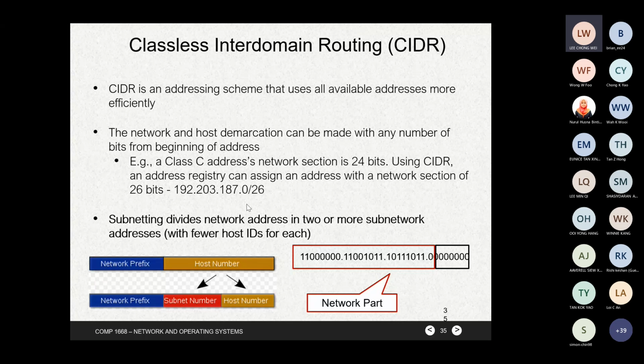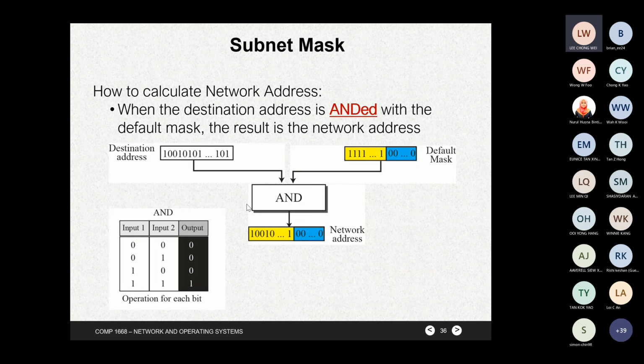Okay, so this is an example of how you do inter domain routing within the same network. Subnet mask, again. But from all the past questions that I have seen, they don't go into this much detail when they set the question.